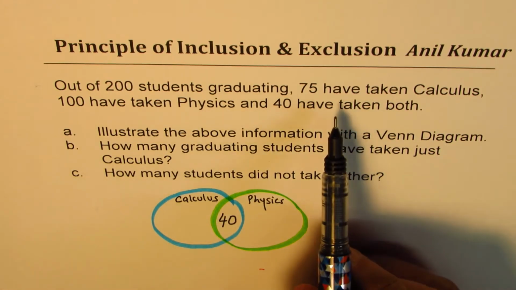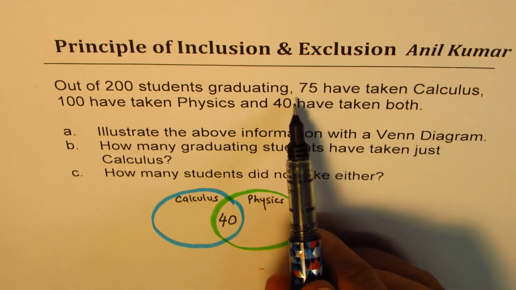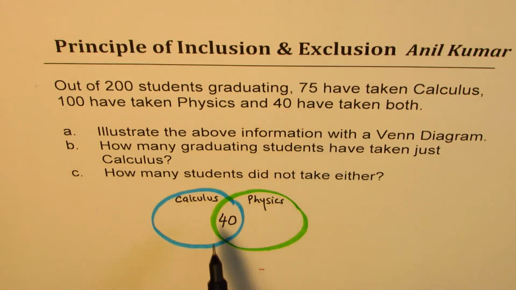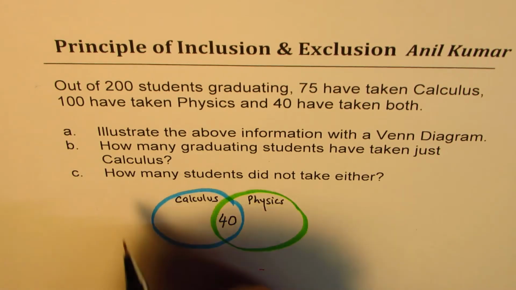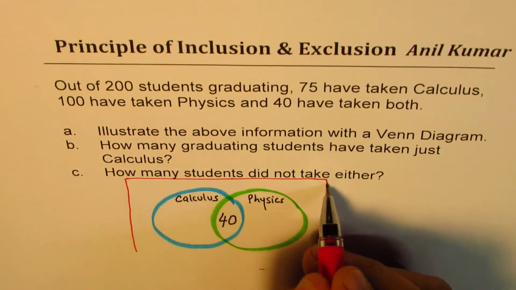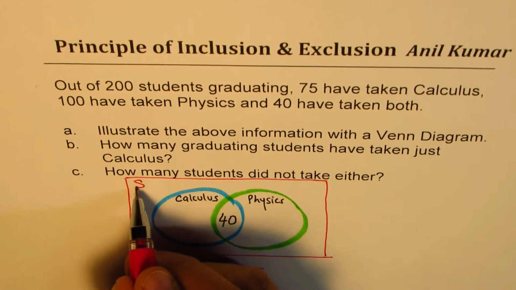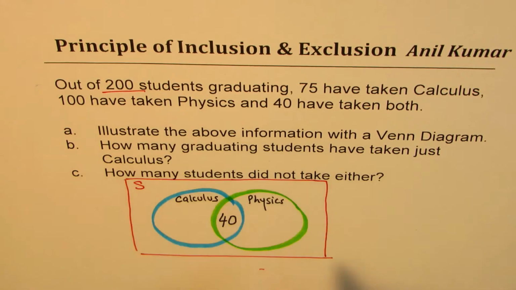Now let's talk about 75 have taken calculus, right? So out of 75, we have already taken care of 40, correct? You could think about a box like this also, which is kind of important to make since we know that in our sample space we have 200 students.